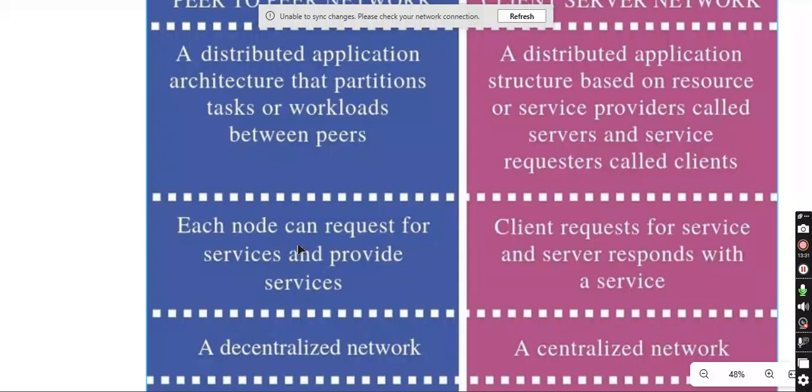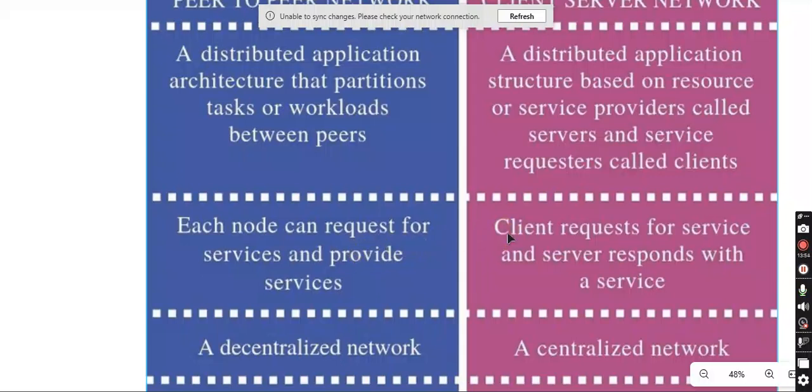Anybody sitting in Alaska, Riyadh, Punjab, Lahore, or Istanbul has equal rights and equal status. Anybody can call anybody they want, which simply means anybody can request services.